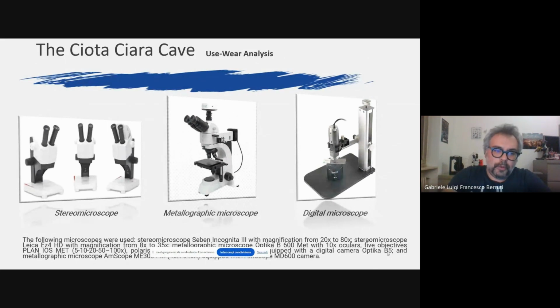Only to give you an idea, with the stereo microscope and digital microscope, it's possible to see macro traces, and with these traces, it's possible to understand the direction of the movement done with the tool, and the hardness of the material worked: hard, medium hard, soft, or medium soft. With the metallographic microscope, when you have the possibility to see the polish, you can also understand the particular material worked, for example bone, meat, wood, and similar things.